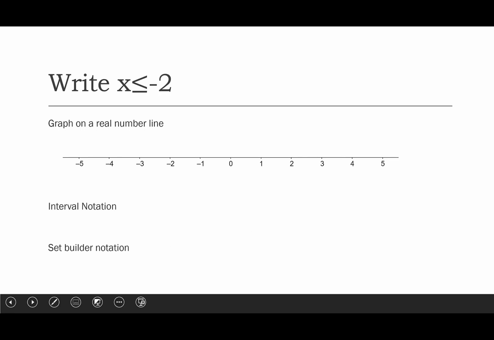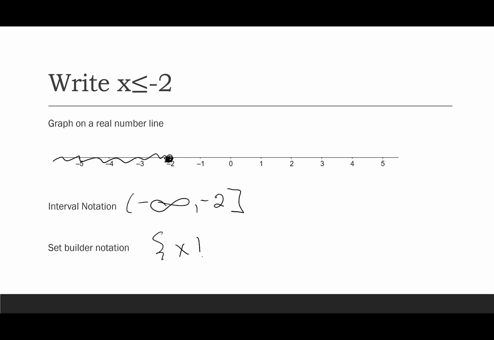If I had x is less than or equal to -2, this time because it is inclusive and it has an equality, I am going to make a closed circle at -2. I am going to shade to the left, which means my interval is -infinity to -2, close bracket. Set builder, I have the set of all x such that x is less than or equal to -2.